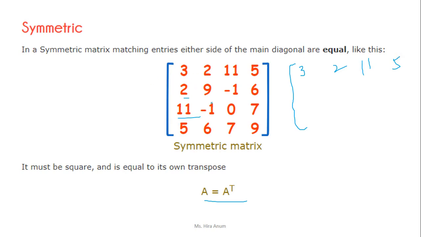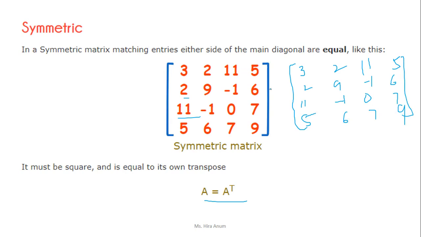Now 2 9 minus 1 6. You can see this: 11 minus 1 0 7, 5 6 7 9.